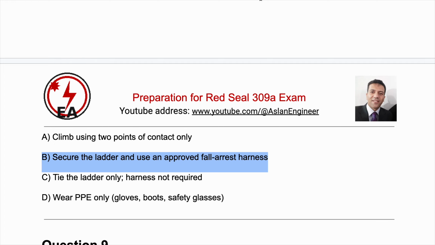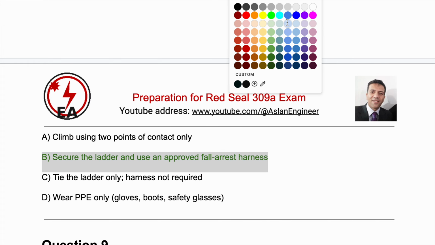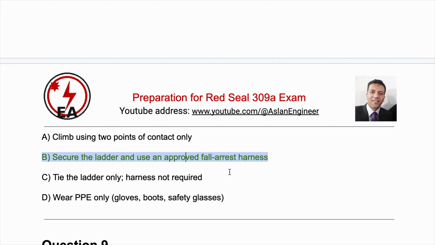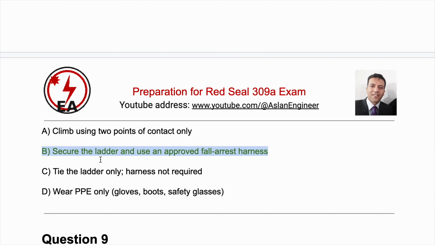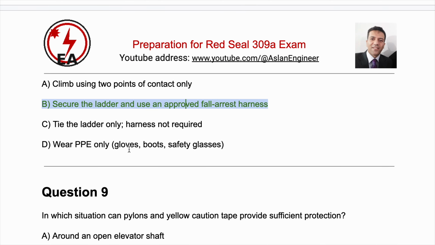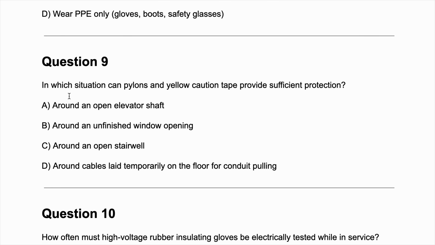Yeah, this can be the correct one, because we need to use fall protection equipment like a fall arrest harness. Tie the ladder only, harness not recommended, no, because it's 8 meters, it's too high. And wear PPE only, no, not only.